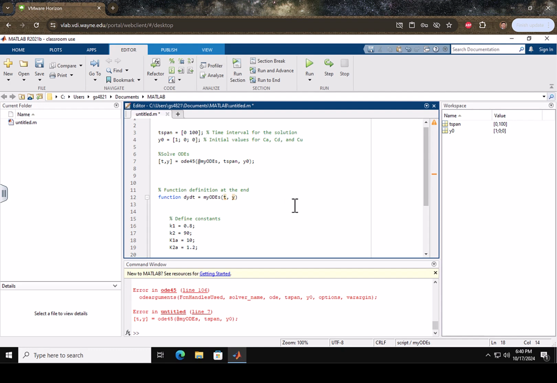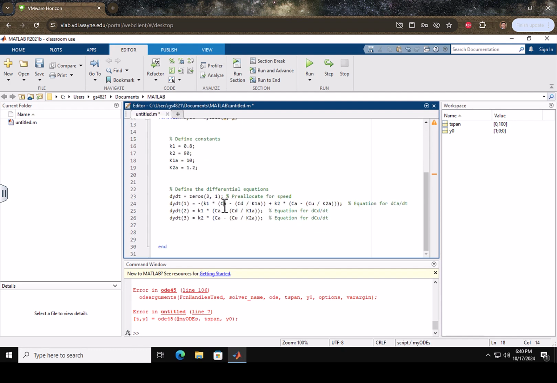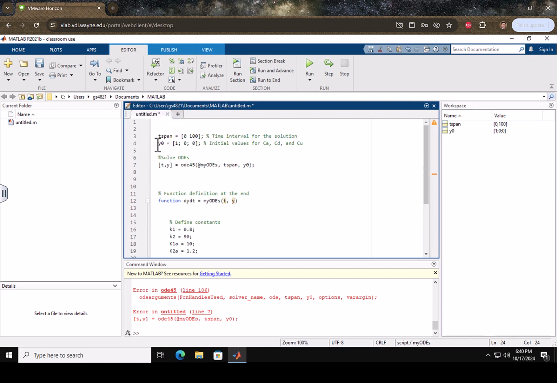However, this still is not going to run because it's going to be trying to figure out what is our CA, what is our CU, CD. So we have to tell MATLAB that our Y's in each one of these positions in the matrix is going to be assigned a specific value that we say CA, CD, and CU. So to do that, we can just do that right here. We call that essentially unpacking the variables.